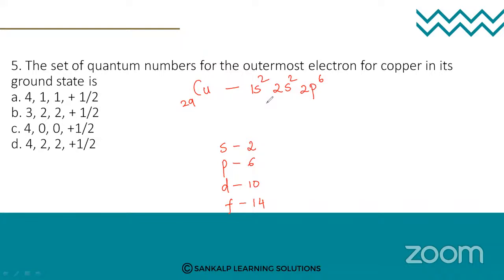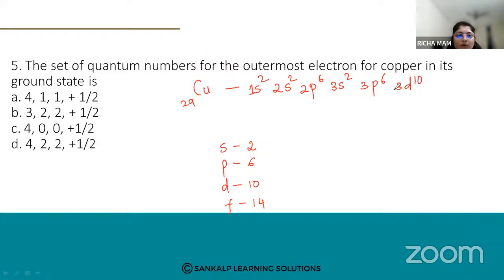So let us start filling: 1s2, 2s2, 2p6, then 3s2, 3p6, 3d10. Just see, that adds up to 28, and then it is 4s1.